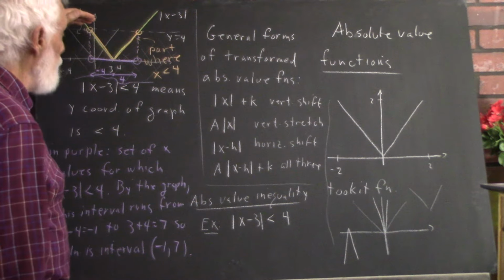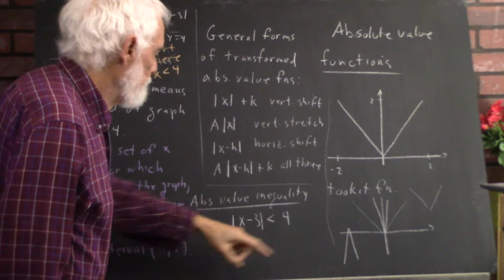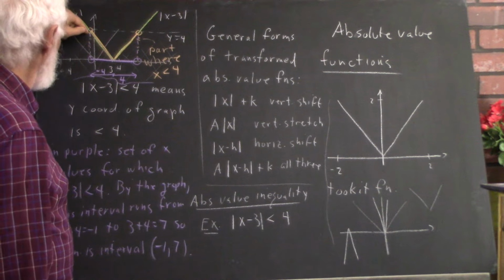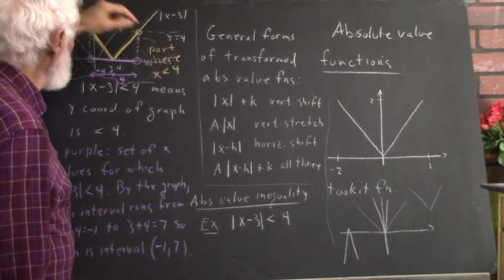So all the points that satisfy this inequality can be represented by all the points on the graph for which absolute value of x minus 3 is less than 4 lie on these two orange segments.